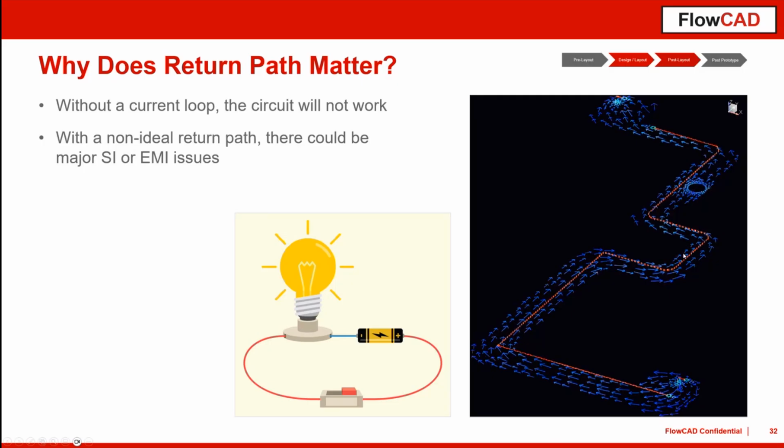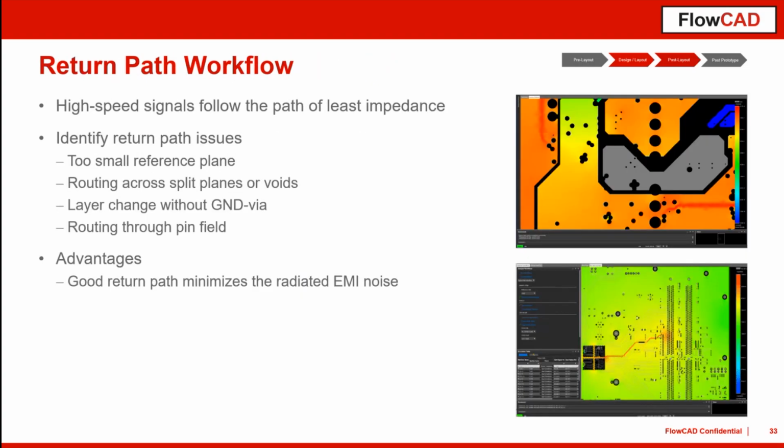But once the signal trace is interrupted, or the return path, so it means the reference plane is interrupted, the return path has to search a way through your complete design, and this is more or less unpredictable. With this return path workflow, it is possible to visualize the return path.